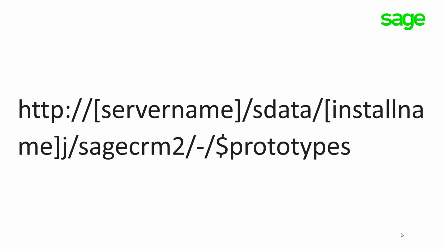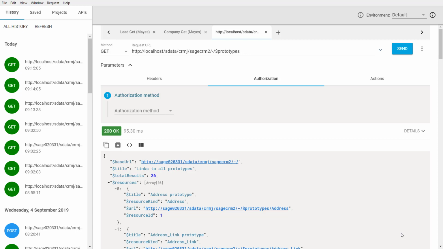But another way of finding out more about each of the exposed supported resources is to use prototypes. Here you can see a URL that is saying server name, sdata, install name, through to the REST endpoint, and then prototypes. And this describes the resources that are available. And the service is read-only.